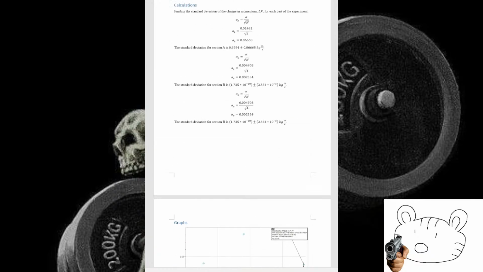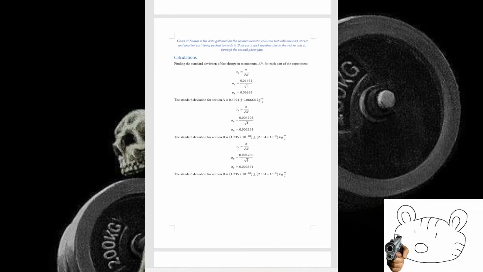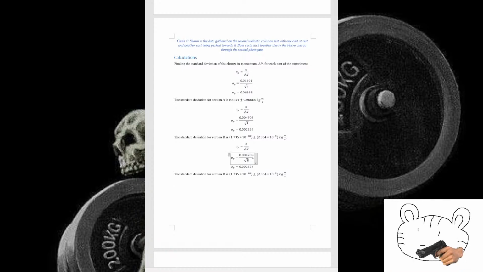So standard deviation is 0.003597. Cool.